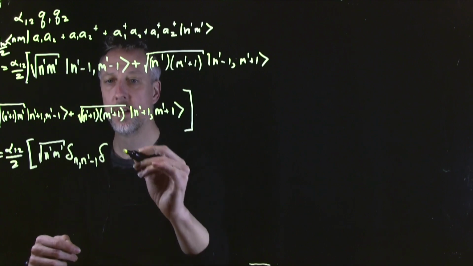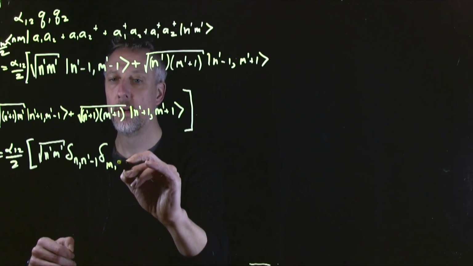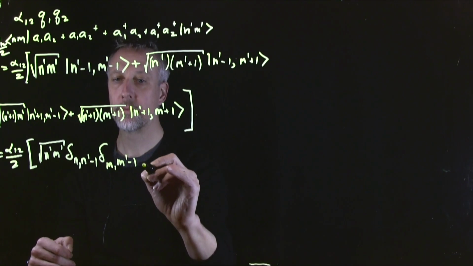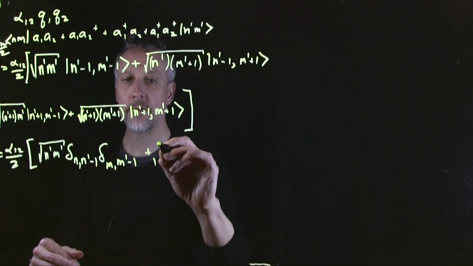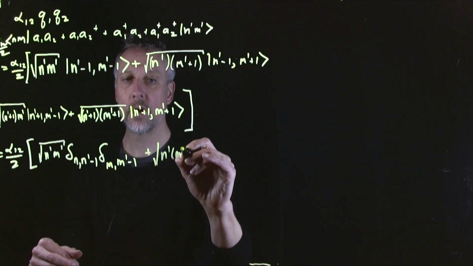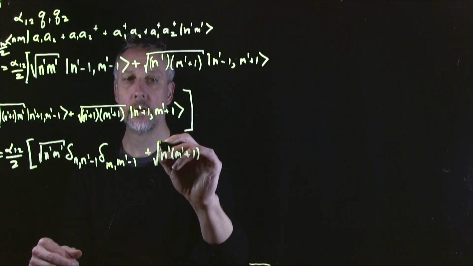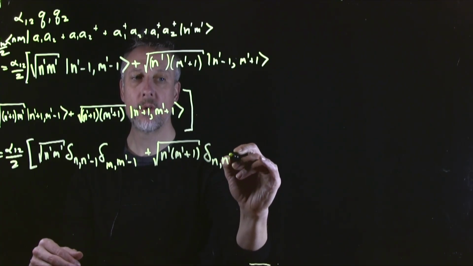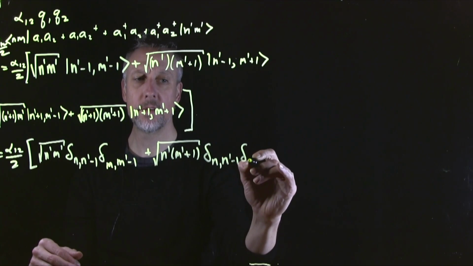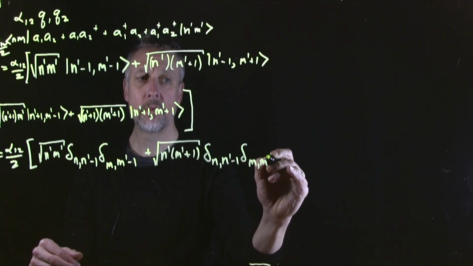The second delta function is M' minus 1. All right, for the second term, we have N' times M' plus 1, delta N' minus 1, delta M' plus 1.